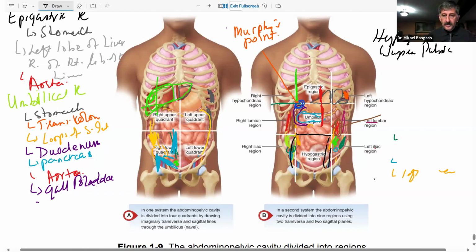And the reason that I call it a suprapubic region is that this part of your hip bone here is what we call the pubic symphysis. This is your pubic bone, of your hip bone. So it's the region that lies above your pubis. That's why we can also call it the suprapubic region.